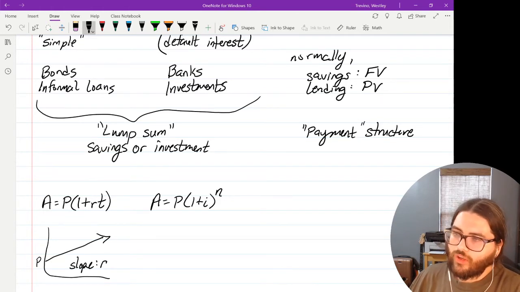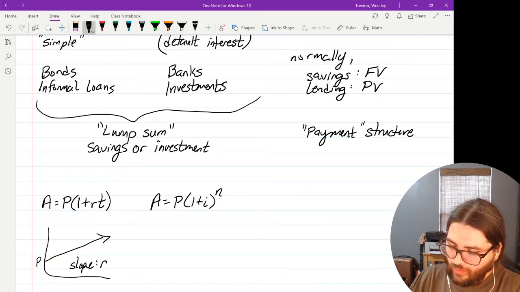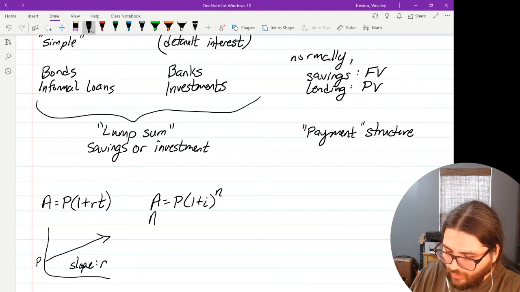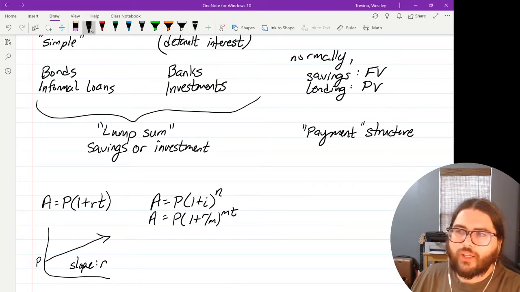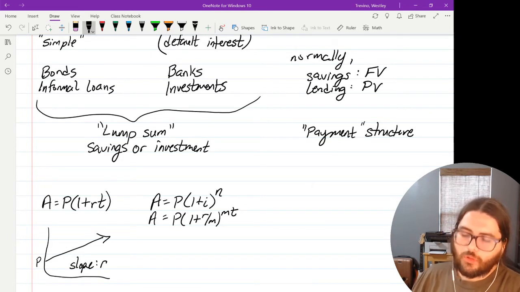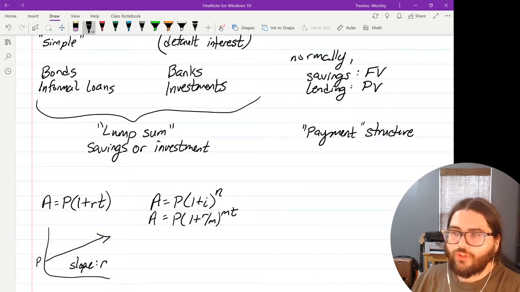I wasn't using the r and the t version of the formula. I'll write it down just because I wrote it down in a previous note, but I do not use this version of the formula. I will not choose to use this one. I'll always think about the fraction, think about the multiplying, and just use the other version of the formula.